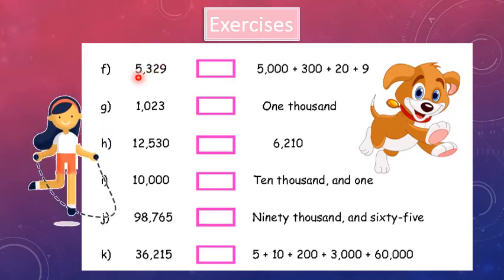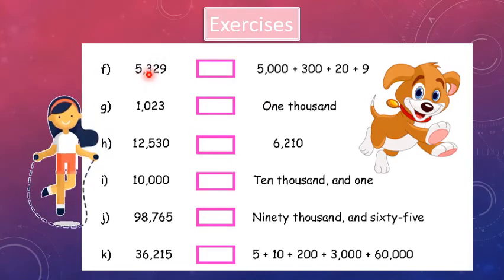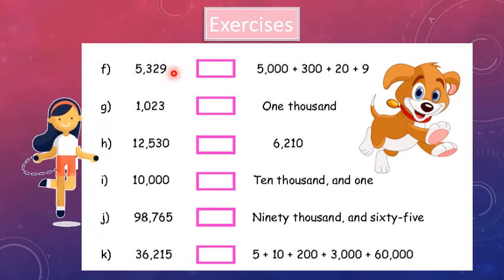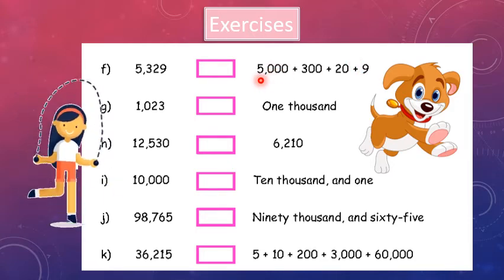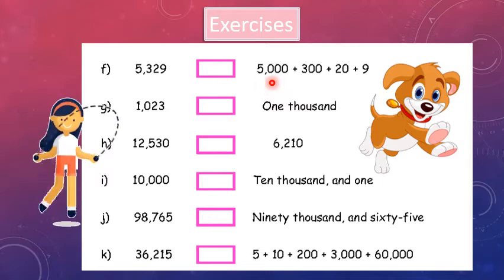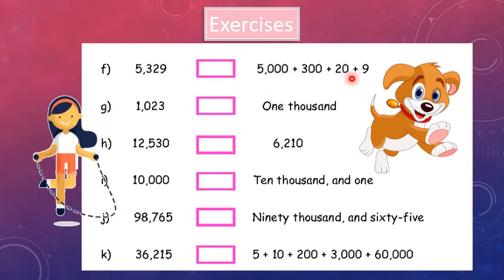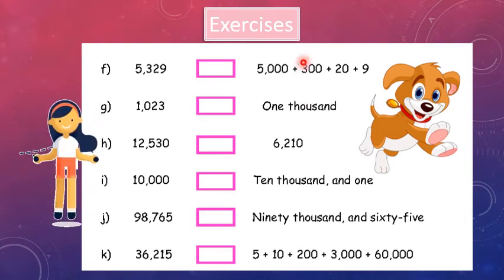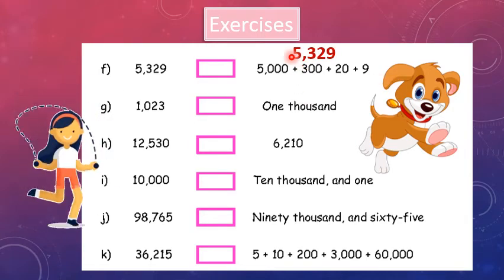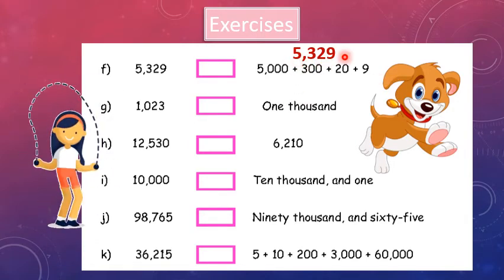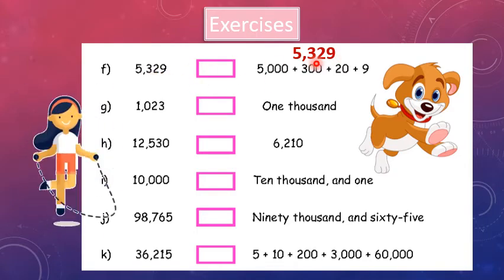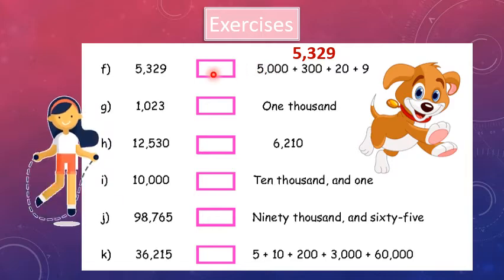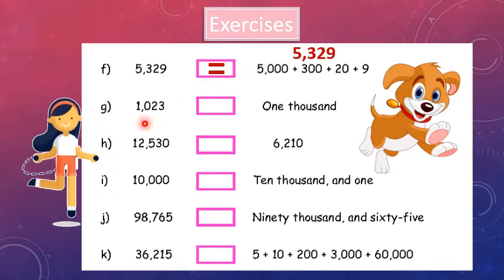Let's go here. Here we have 5,329, and on the other side we have expanded form. First of all, we must change this form into standard form. Then it will be 5,329. If you notice that the two numbers have the same digits in the same place values, then they will be equal.